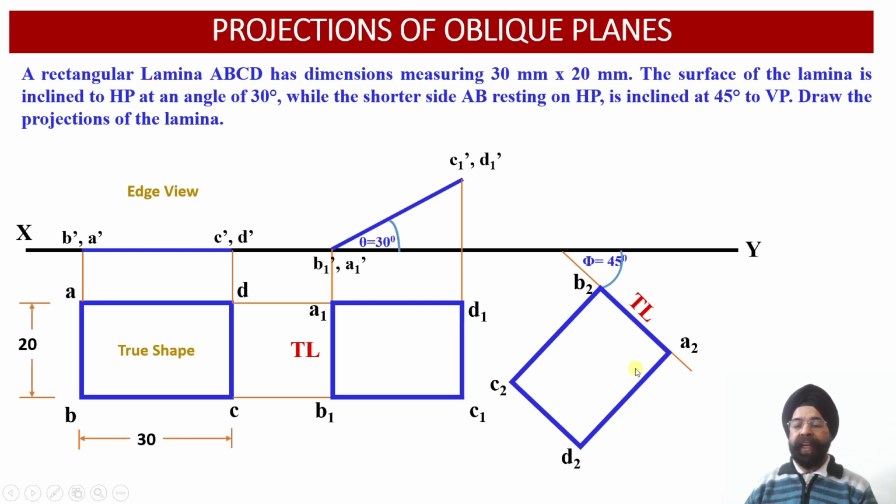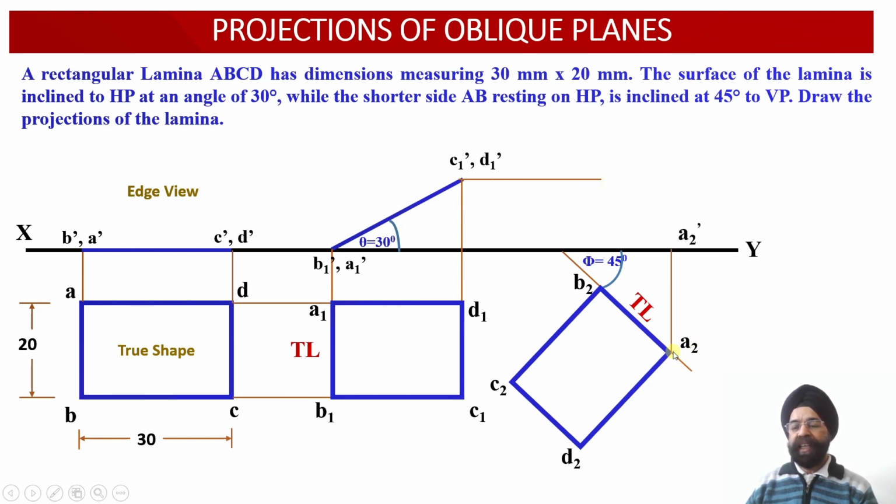Now having obtained this final plan projection view, we are required to draw the corresponding front view projection. So once again, the corresponding points between the vertical projectors drawn through the points A2, B2, C2, D2 and the horizontal projection lines which we are going to draw from B1 dash, A1 dash, C1 dash and D1 dash will be observed over here.